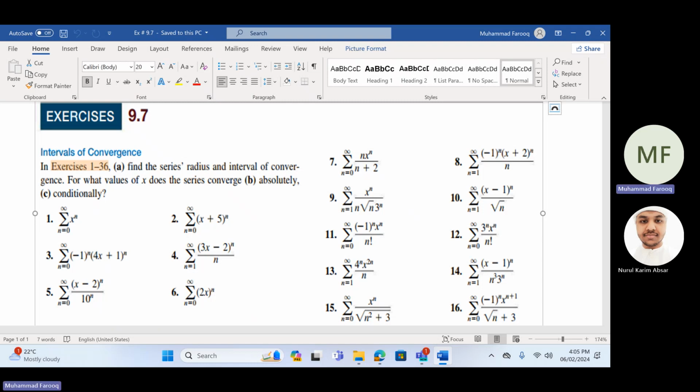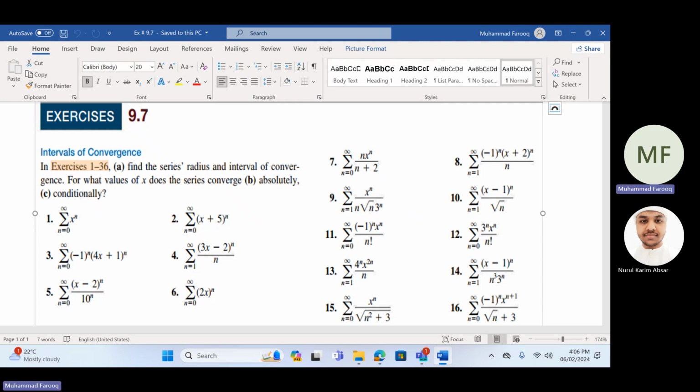In the exam, we do not ask about absolute convergence. We only ask on which x values the series converges conditionally.